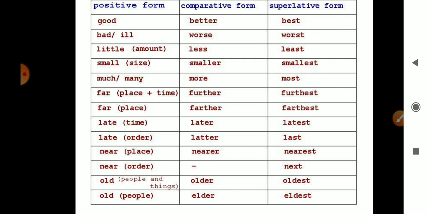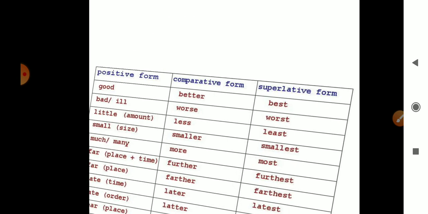Here I have brought more for you: ill, worse, worst; little, less, least; small, smaller, smallest. Much or many, then more and most. Take these down in your notebook and learn them.